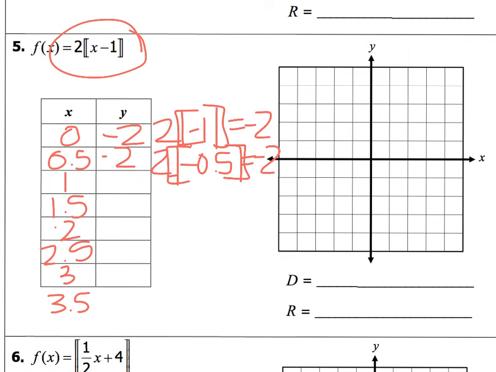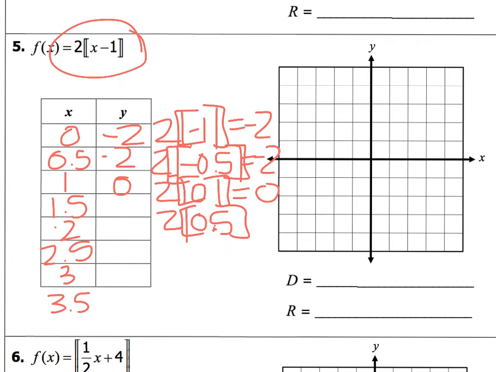Now if we were to plug 1 in, we would get 1 minus 1, so we would end up with 2 times the greatest integer of 0, so that's just 2 times 0, and that would be 0. If we were to plug 1.5 in, we would end up with 2 times the greatest integer of 0.5, and rounding 0.5 down would be 0. So this is just 2 times 0, and we get 0 again.